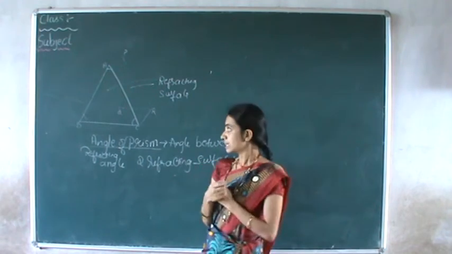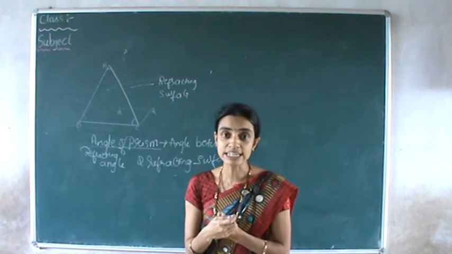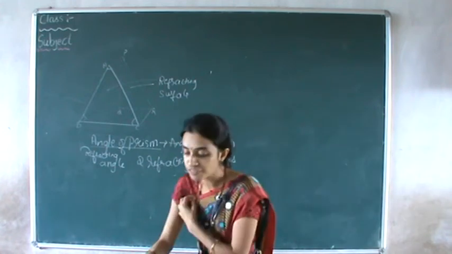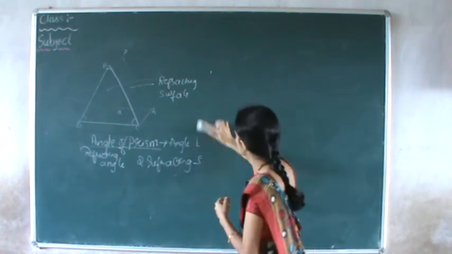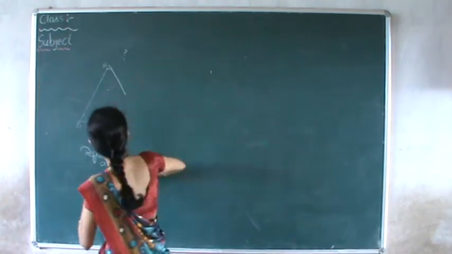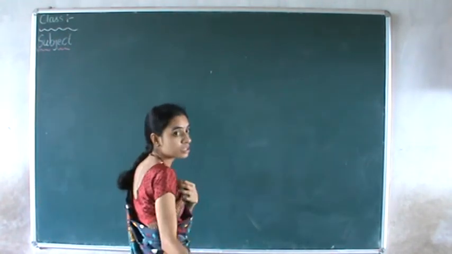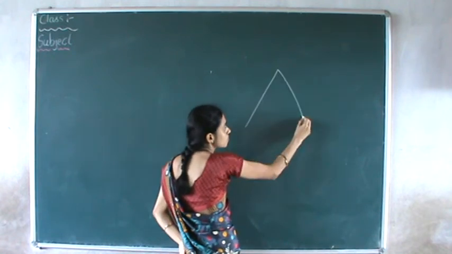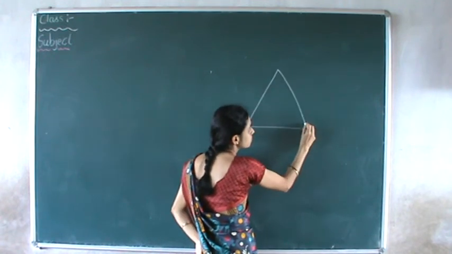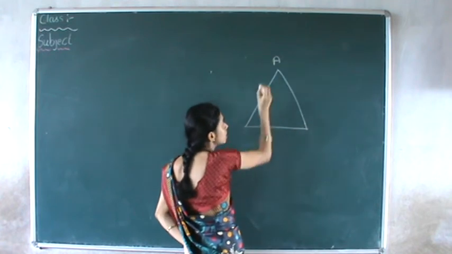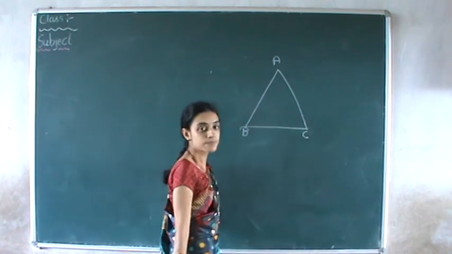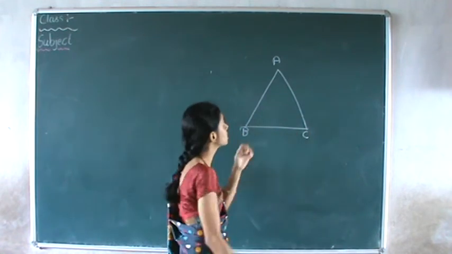Next, I will consider the principal section of the prism. A, B, C. BC is our base.